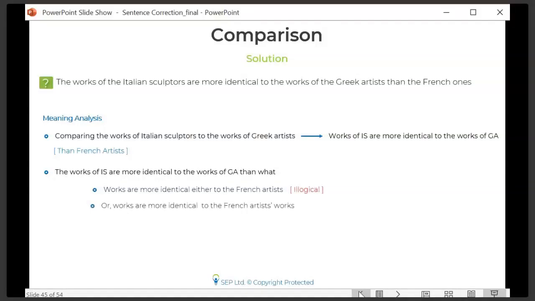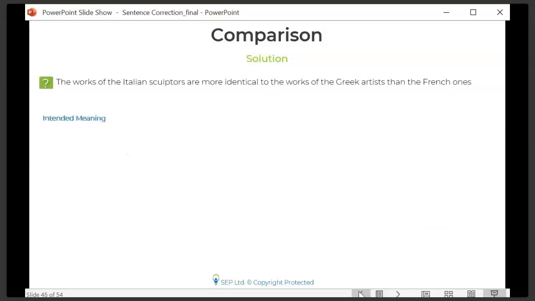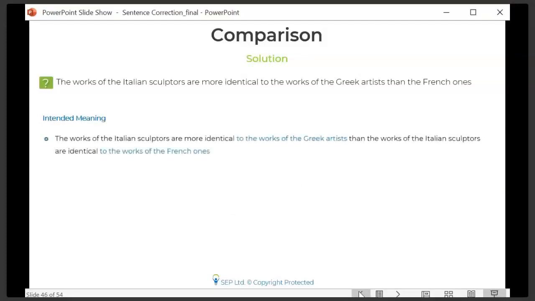In that case, which makes sense, but that is not clear because "to the works" has been omitted before the French ones. So what the sentence intended was, the Italian sculptor's works are more identical to the works of the Greek artists than they are identical to the works of the French ones. So "to the works of the French ones" is missing.